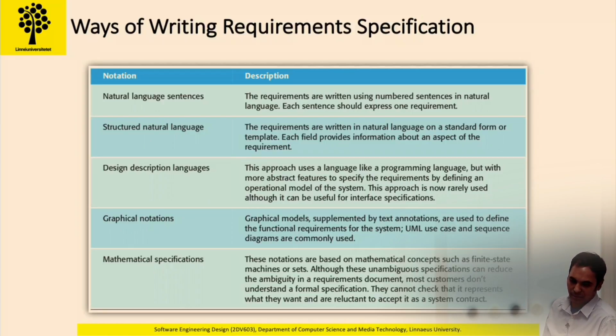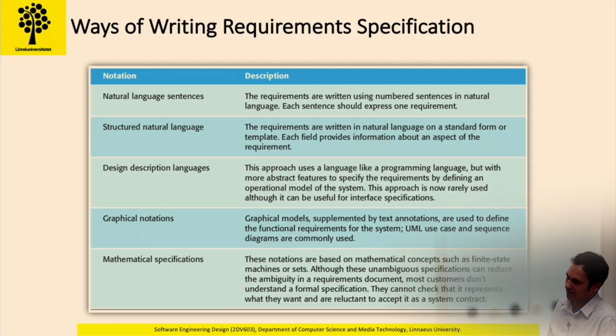And then the graphical notations, as I mentioned, UML, the most commonly used graphical modeling language. You also mark and annotate your models using text, because you need to understand the models as a reader.